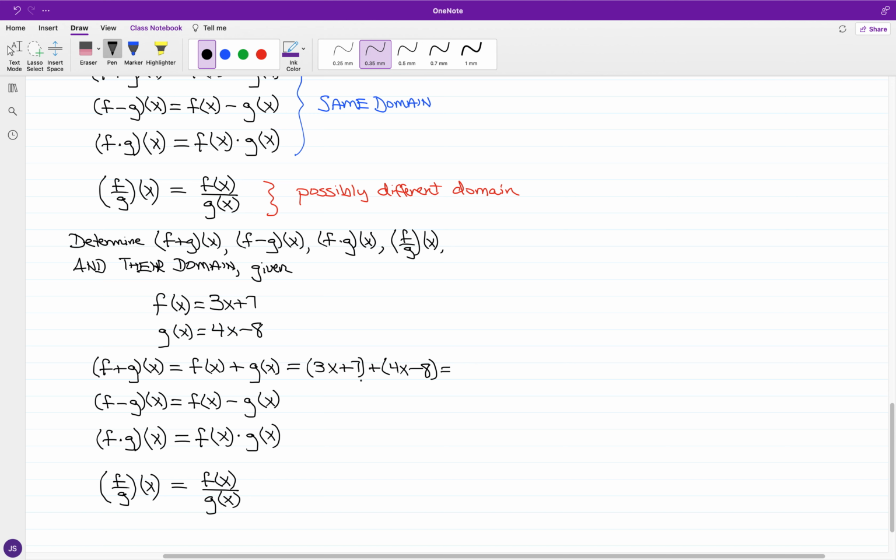Again, we use the parentheses just to denote the separation of f of x and g of x, and upon removal of the symbols, we're going to have no sign change. Upon combining like terms, for f plus g of x, we've got 3x plus 4x, which will be 7x, and 7 minus 8, that will be negative 1.